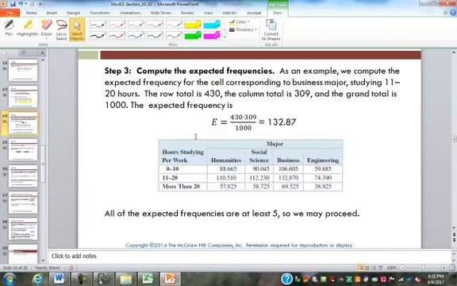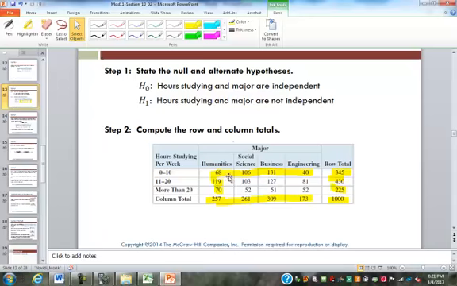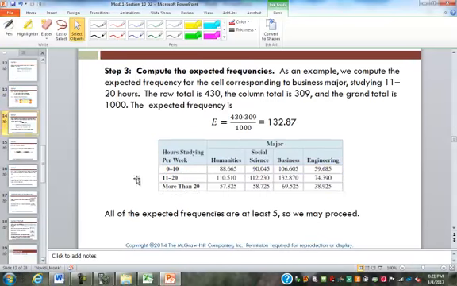Then we found the expected value for humanities and 10 hours a week. We took the 345 times 257 divided by 1,000. That gave us the expected value, which turned out to be the 88.665. And we did that for each one of these.